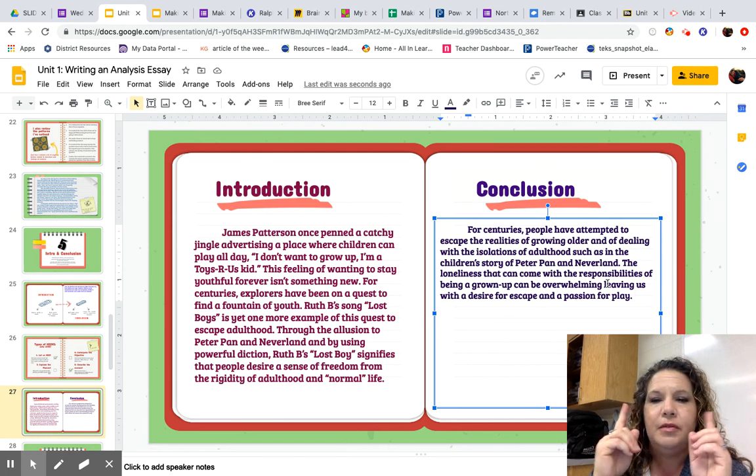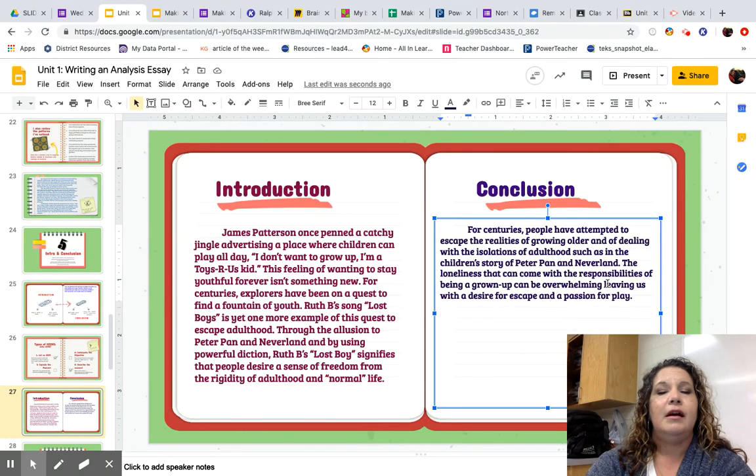So I'm still thinking about a powerful thought that I can leave my readers with. For centuries, people have attempted to escape the realities of growing older and of dealing with the isolations of adulthood, such as in the children's story of Peter Pan and Neverland. The loneliness that can come with the responsibilities of being a grown-up can be overwhelming, leaving us with a desire for escape and a passion for play. Got it.